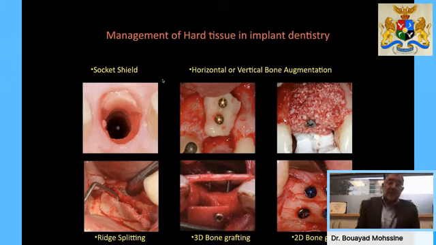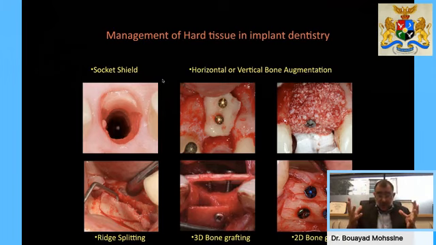In this slide, we can see many kinds of surgery that we can give to conserve and to preserve the good volume of bone during the implantation.